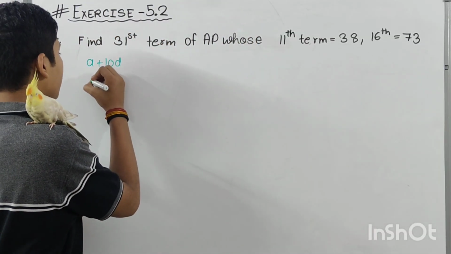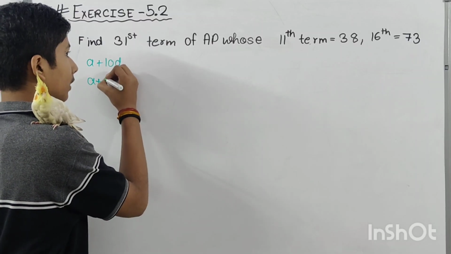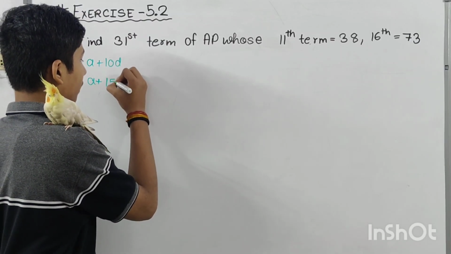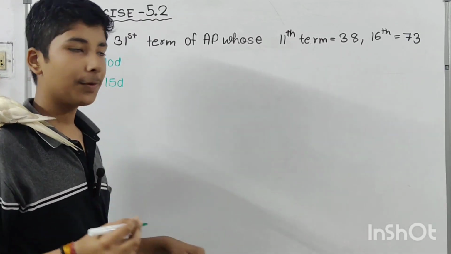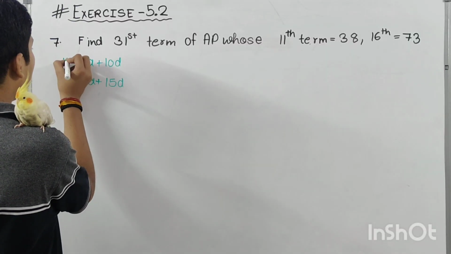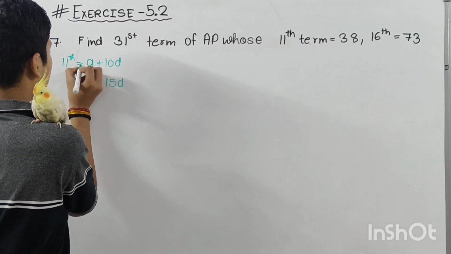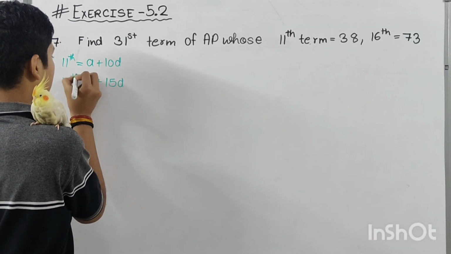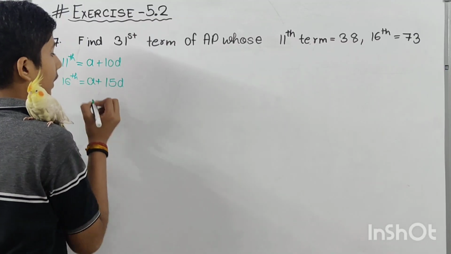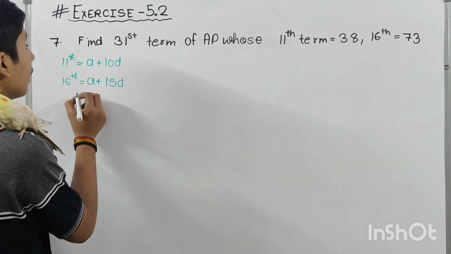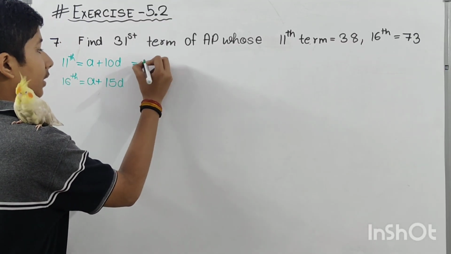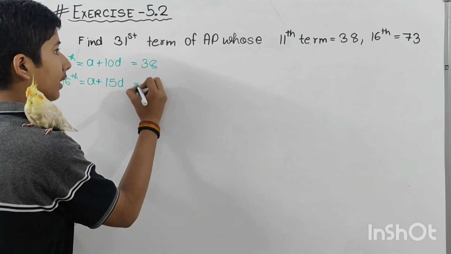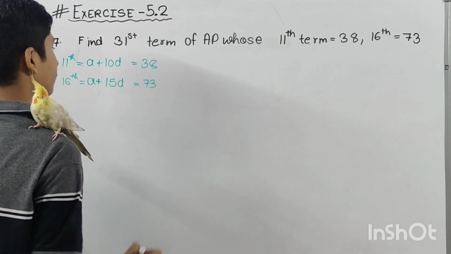And the 16th term is a plus 15d, since 16 minus 1 is 15. So the 11th equals this and the 16th equals this. Now, this is given 38, this is given 73.